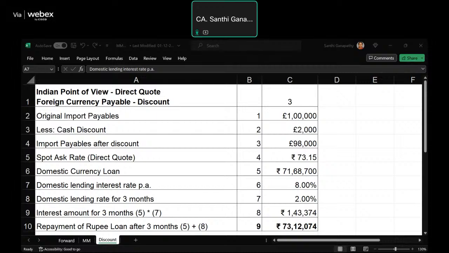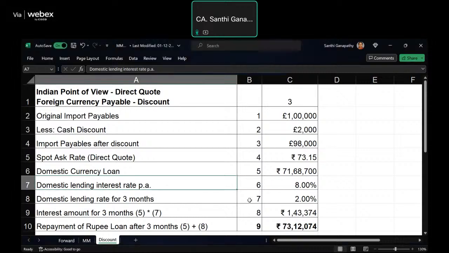If it's a payable, we would like to choose whichever is the least. If it's a receivable, we would like to choose whichever is the highest.